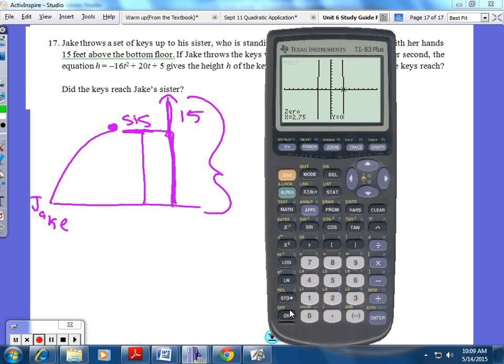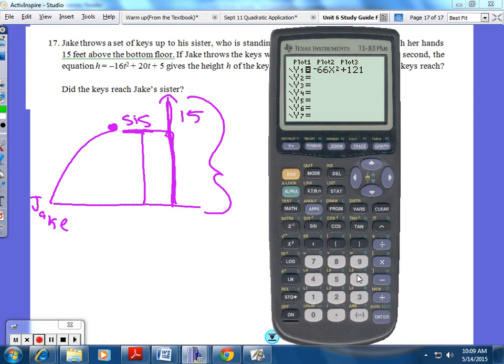So again, go to our calculator, plug our equation in. See, I have two negatives up here. Gotta get rid of one of those or it's not gonna work. Negative 16x squared plus 20x plus 5.